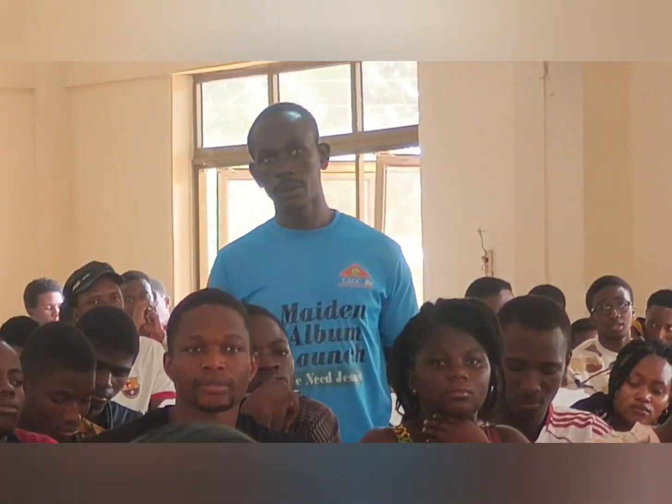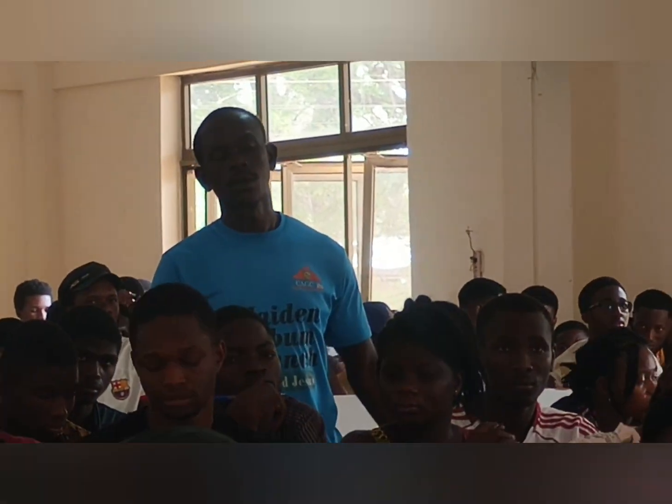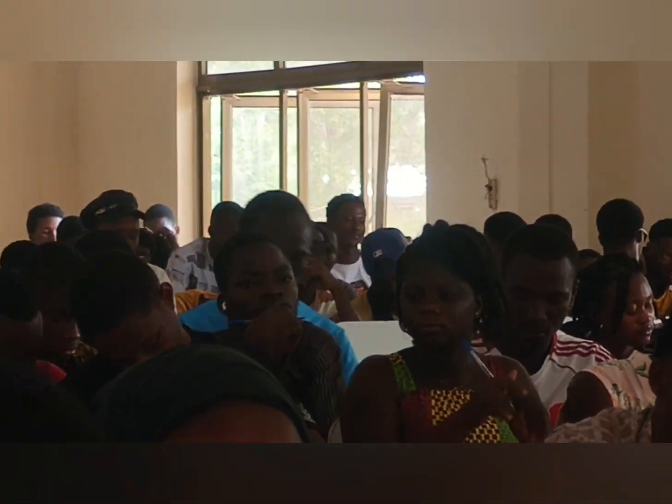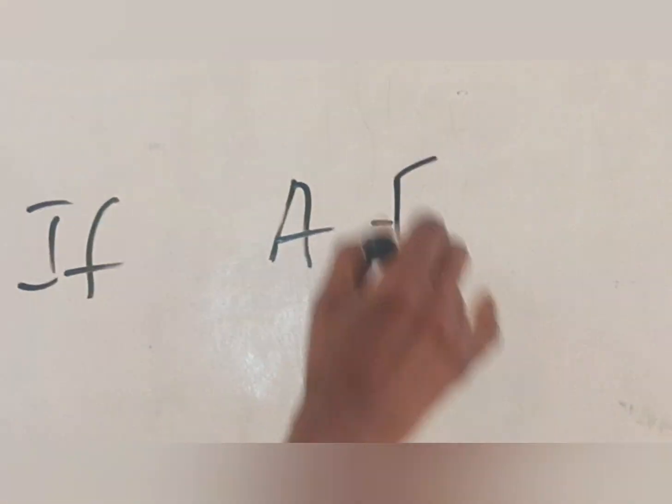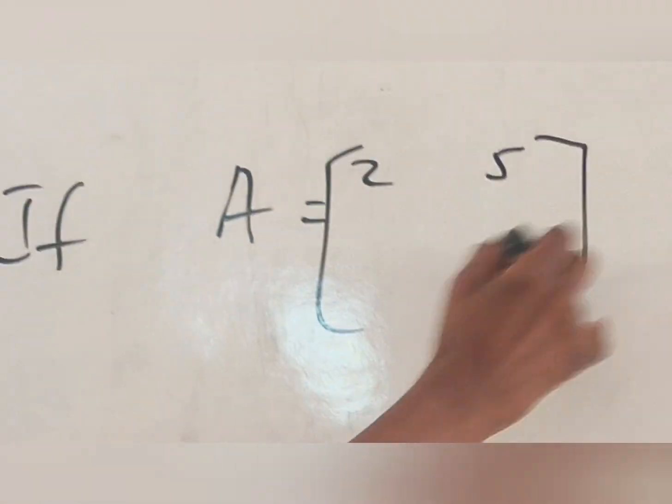It can be a variable or a real number. So the scalar is always outside the matrix. So I can give you matrix A. If matrix A is equal to 2, 5, 6, 7.